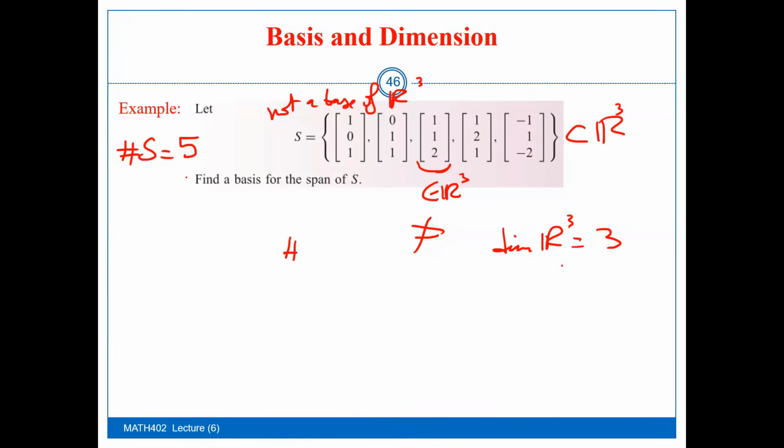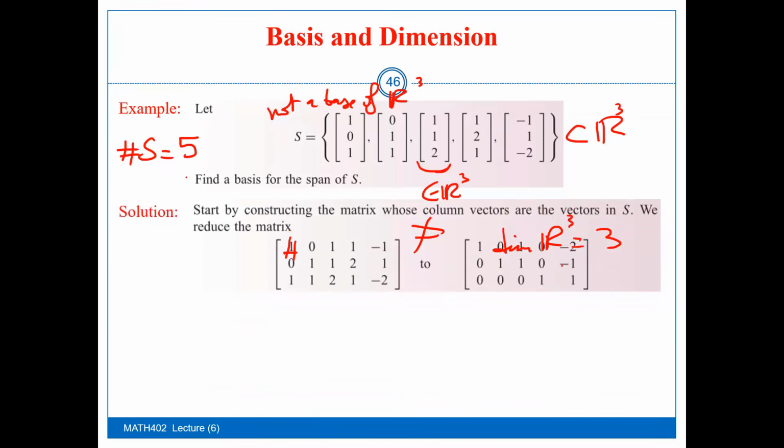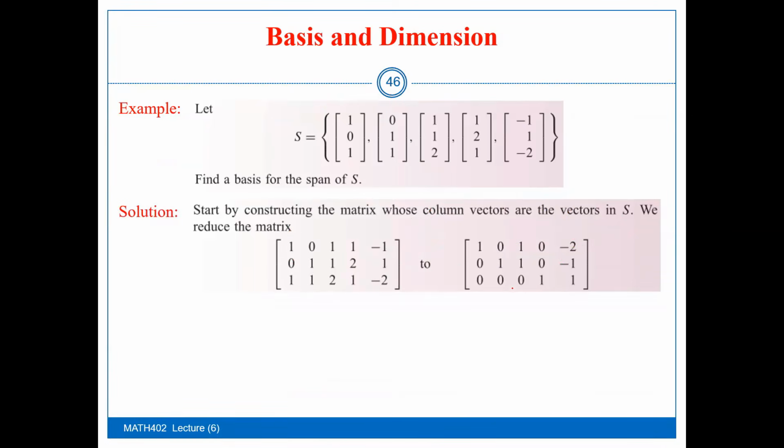The columns of leading ones give us a base of span S. So here, this is the matrix. This is the row echelon form. This is the coefficient matrix.